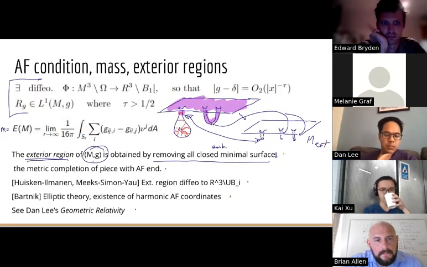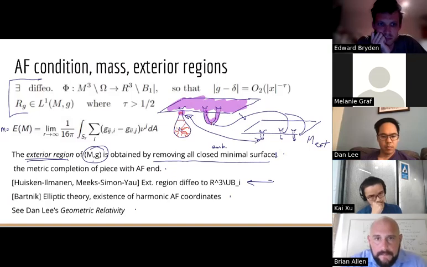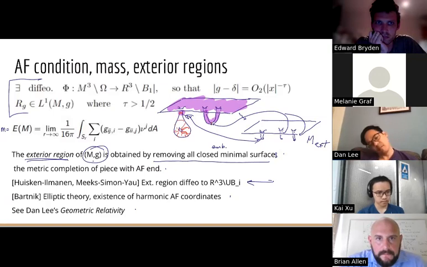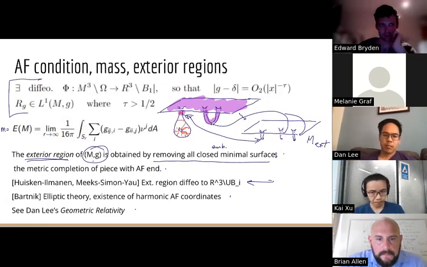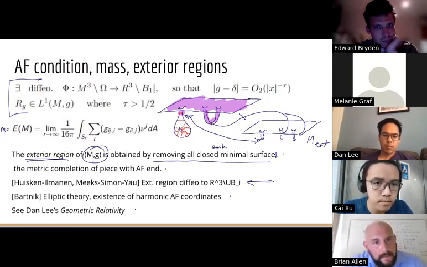The point is, there's this pretty deep theorem of Meeks-Simon-Yau, which says that this region is actually diffeomorphic to the complement of some disjoint balls in Euclidean space. We don't need to use the real depth of it. So it really is, as we've pictured here, Euclidean space minus some regions that are bounded by spheres. This is a notion that we'll borrow later.